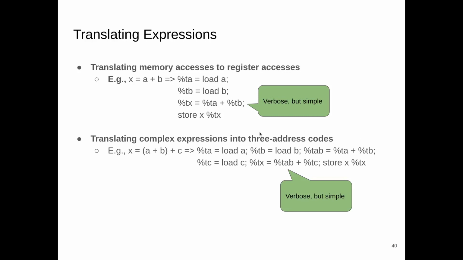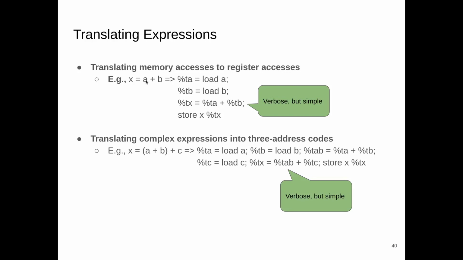For example, we want to translate an expression like this: x = a + b. This is a simple assignment after the calculation of this addition. So this is translated into IR like this.